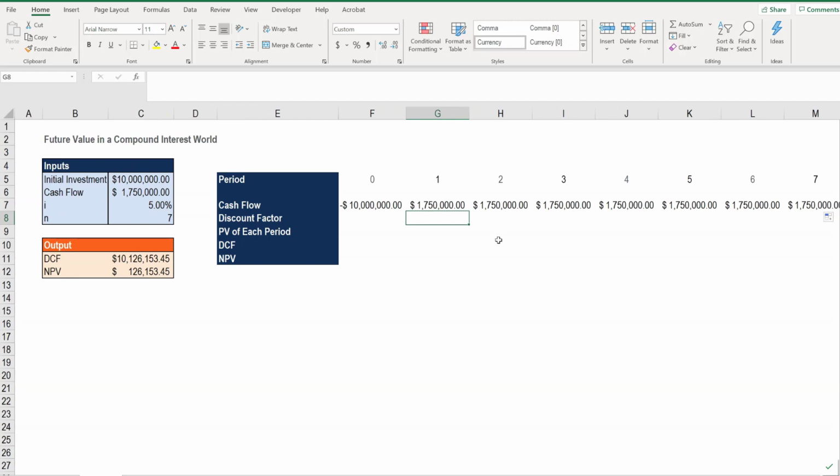The discount factor is simply defined as 1 plus the rate of interest, or the discount rate in this case, raised to the power of minus n. Filling in the columns, we can calculate the PV of each of the cash flows as the product of the cash flow multiplied by the discount factor for each of the years.